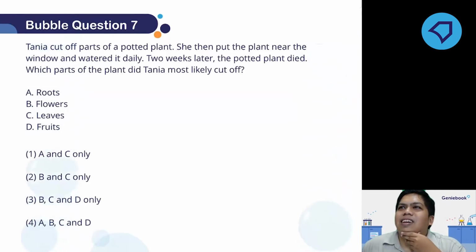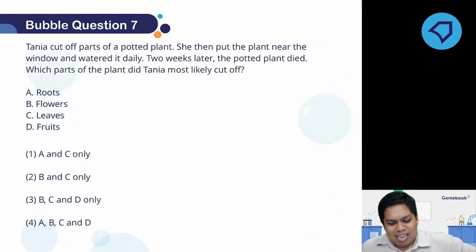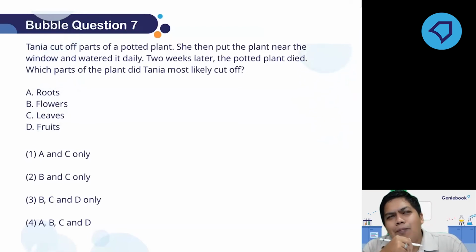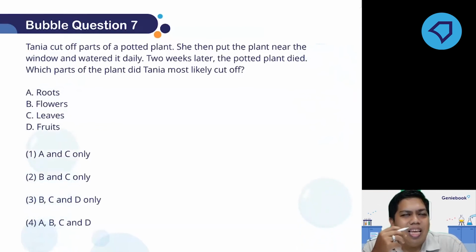Let's look at the results. Okay, not bad. Still about 80% of you get it correct. I expected more because so many people say easy. Remember I've mentioned before in the previous bubble question, the important parts of a plant are basically the root, stem, and leaves. These 3 are the important parts of the plant.